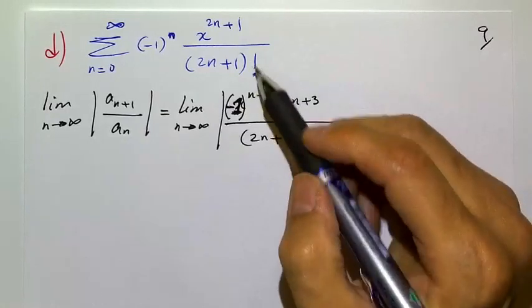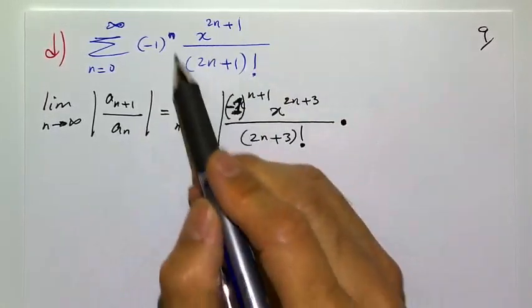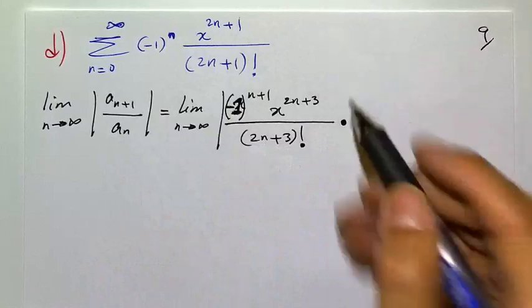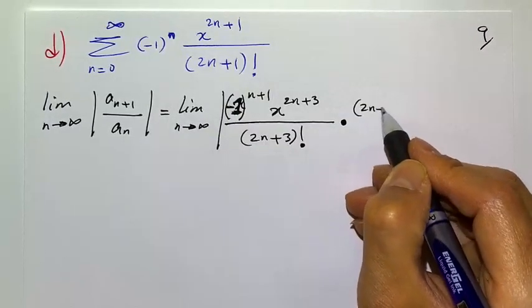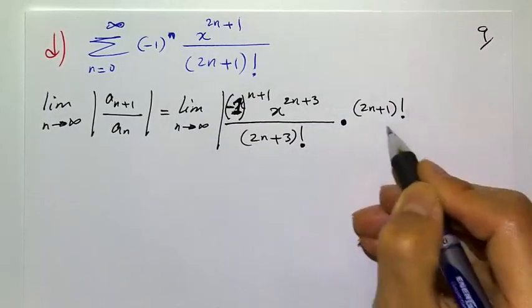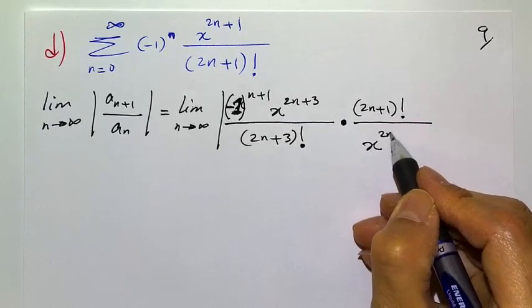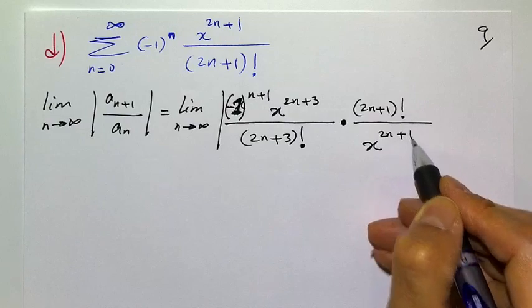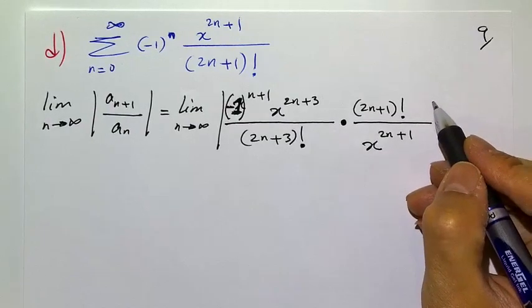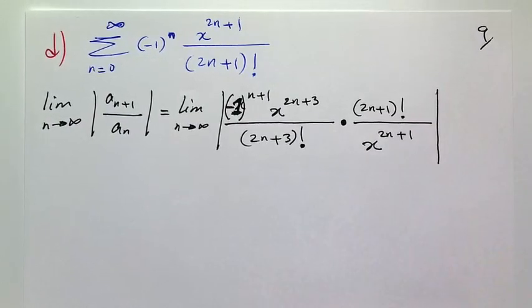Then multiplied by, since we're dividing by a sub n, which is that, we have to flip it. So we have 2n plus 1 factorial divided by x to the 2n plus 1. Yeah, and then like that.